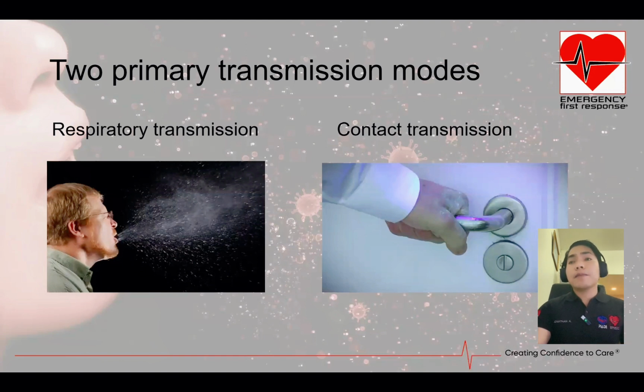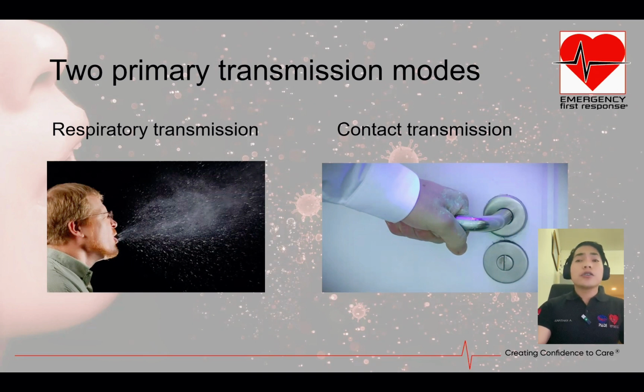This is the primary mode of many pathogen transmissions. It occurs when an infected person exhales, sneezes, coughs, or talks, releasing germ-laden droplets or other particles into the air, which another person inhales. Some pathogens can also be inhaled after infected fine particles or dust get disturbed into the air.